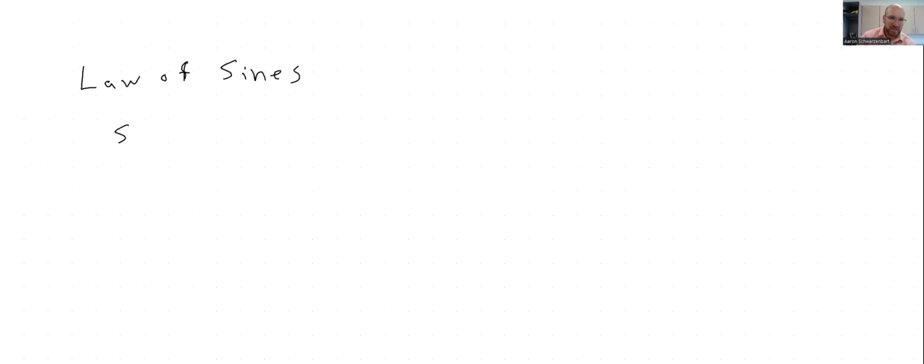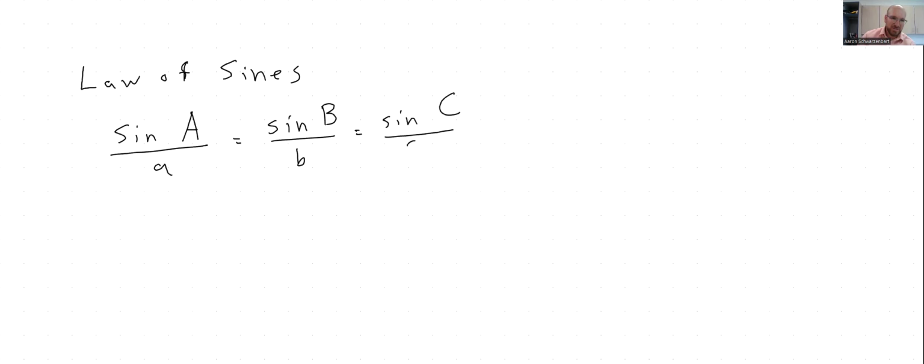Sine of capital A over lowercase a equals sine of capital B over lowercase b equals sine of C over lowercase c. This applies to any triangle, does not have to have a right angle.